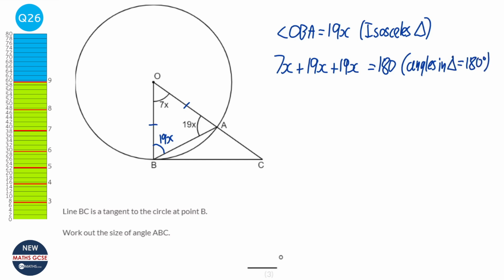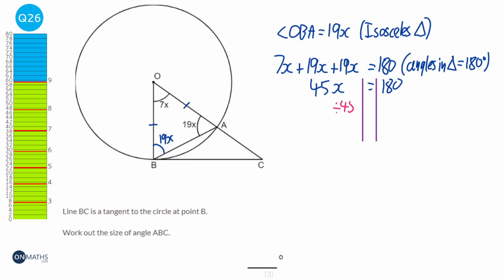Try and write out these reasons in full. Okay, so that's going to be 45x equals 180. And let's get our solving lines in. And we're just going to divide both sides by 45. Okay, so we've got x equals 180 divided by 45, which is 4.